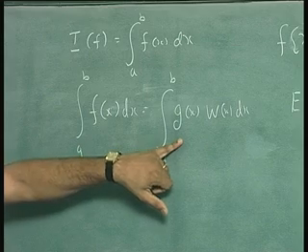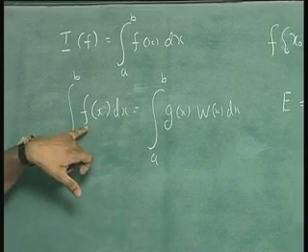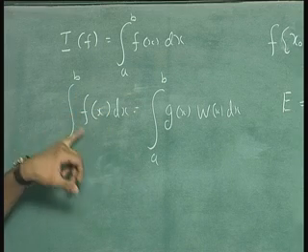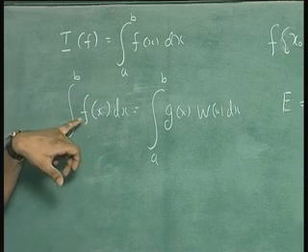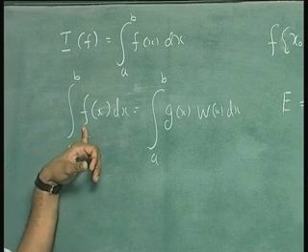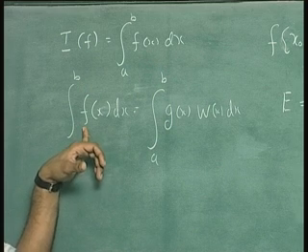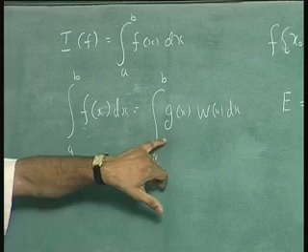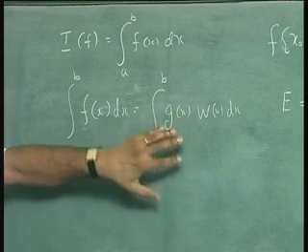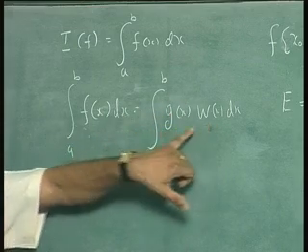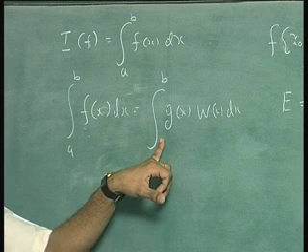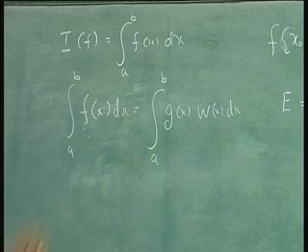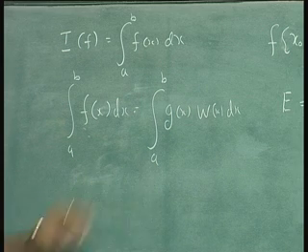Another is that we want to approximate this function f of x by a polynomial, but there may be problems because f of x itself may not be a well behaved function in the interval a to b. So we could split it into g of x into w of x, where g of x is a well behaved function in the interval a to b. So we will have an advantage in that context.